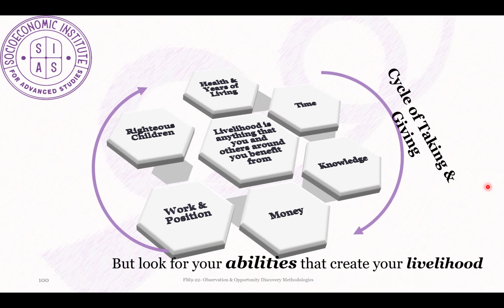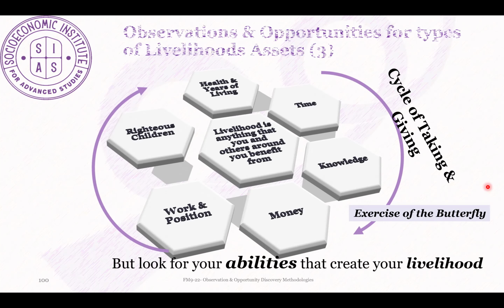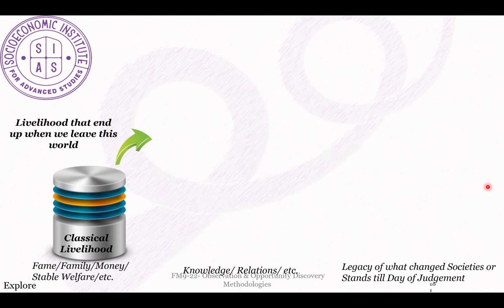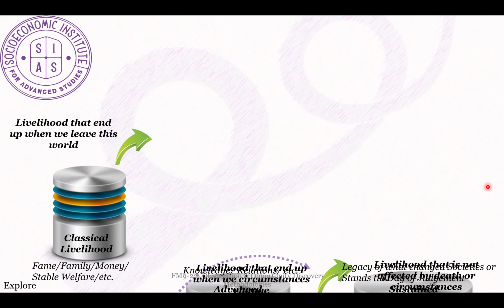Now, this is where we say a cycle of taking and giving. It is a cycle that creates for us the butterfly effect in our life. Now, there is the classical livelihood. Usually it is about fame, family, money, stable welfare, and so on.